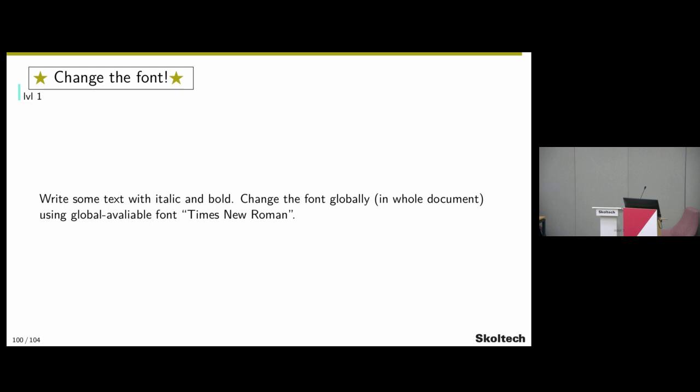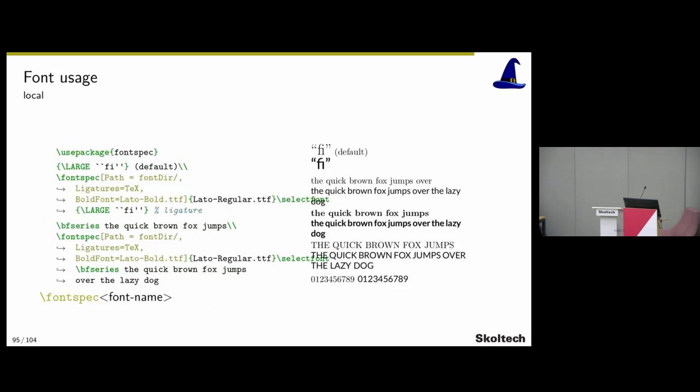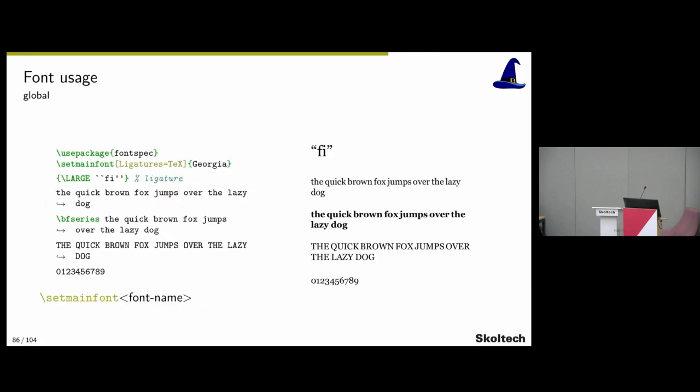So let's come to the end. Well, level 1 is marked at this slide. So all you need to do is set the main font, Georgia, Arial, or in our case, Times New Roman.